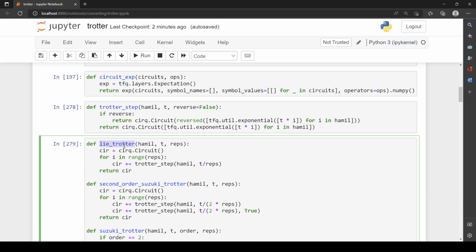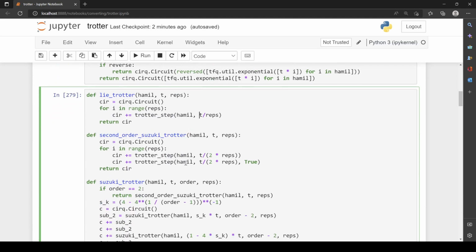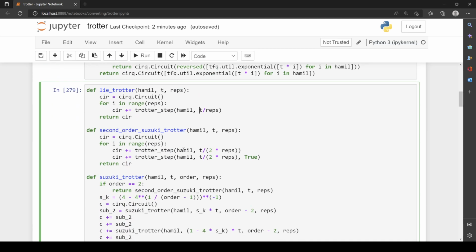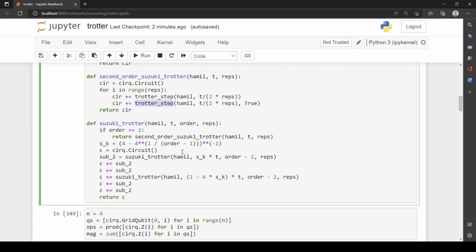We have our simple Lie-Trotter where, for however many steps we want to do, we do a Trotter step and divide by the number of repetitions. We have our base case for our recursive Suzuki-Trotter where we define our Trotter step basically, and then we have a reverse Trotter step. And then we have our recursive definition here.